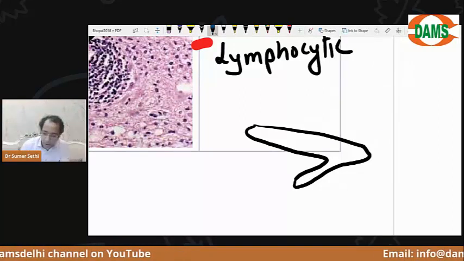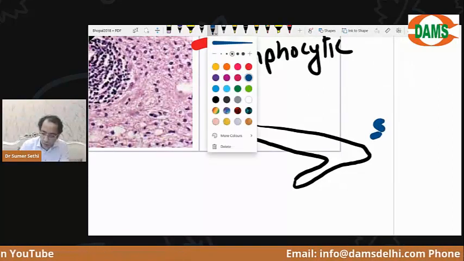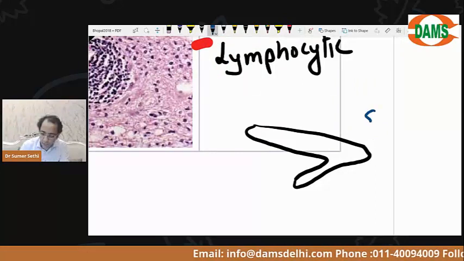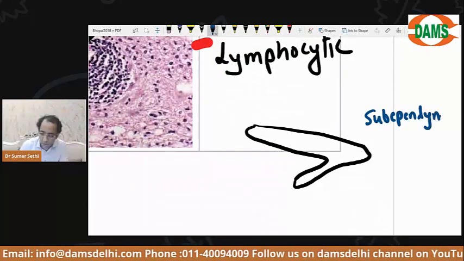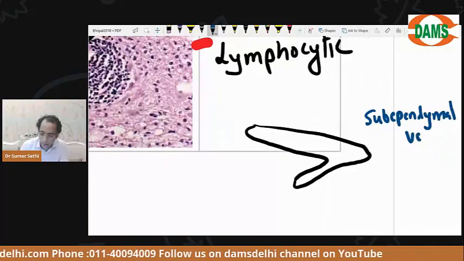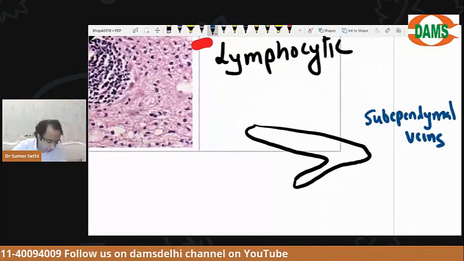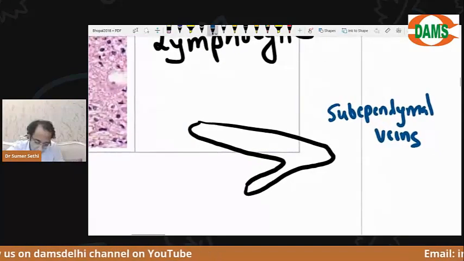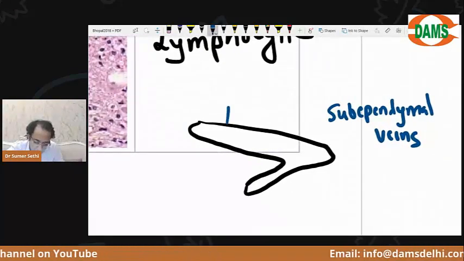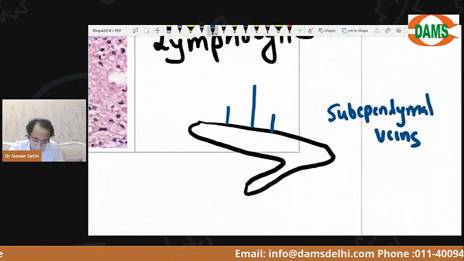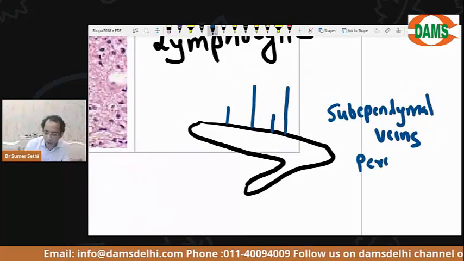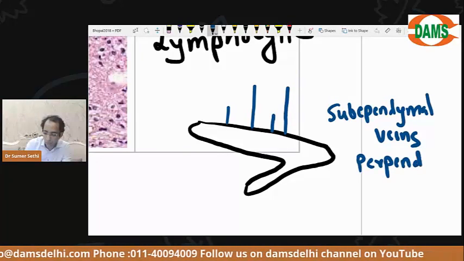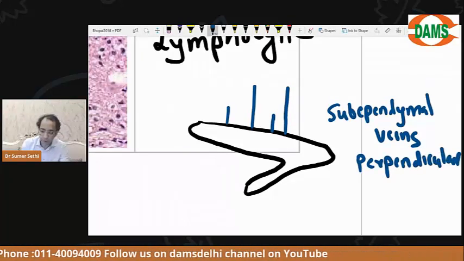Below the ependyma, we have veins. Let me explain. Below the ependyma, we have subependymal veins. These subependymal veins are oriented perpendicular to the superior surface of the lateral ventricle. Let me repeat.